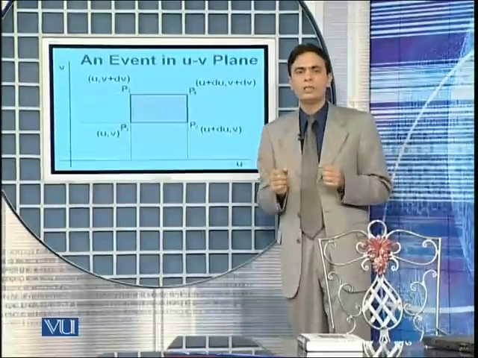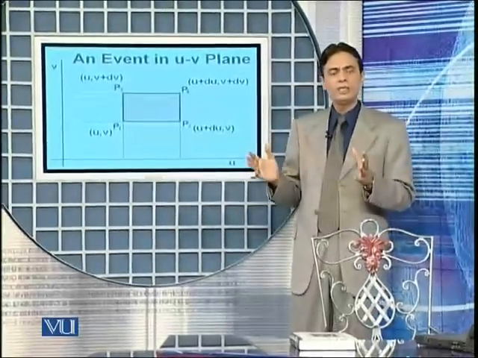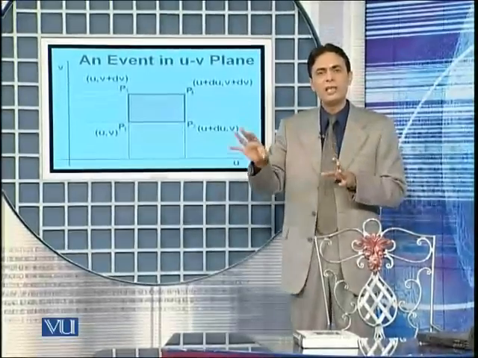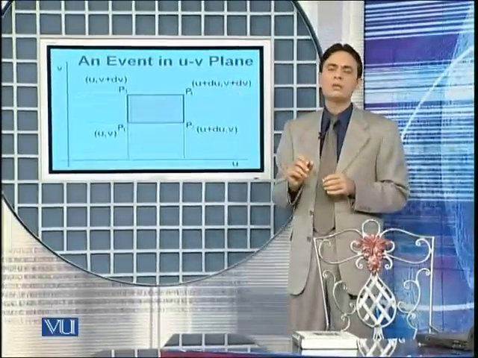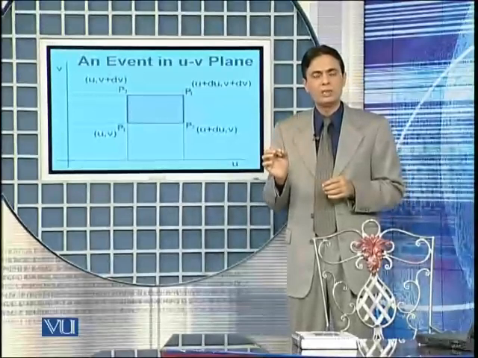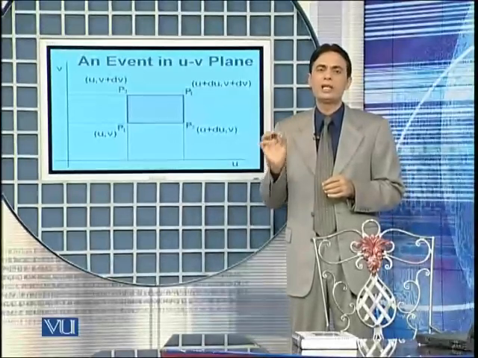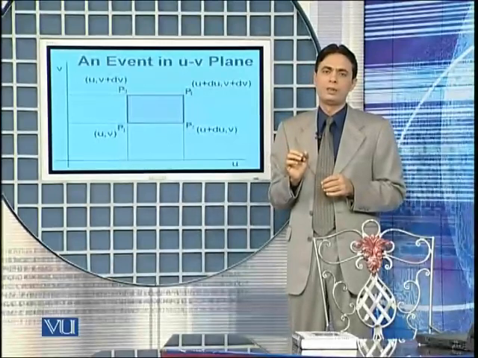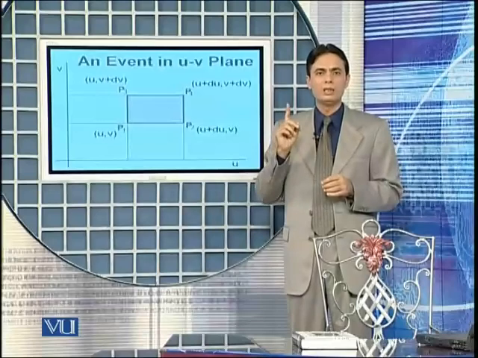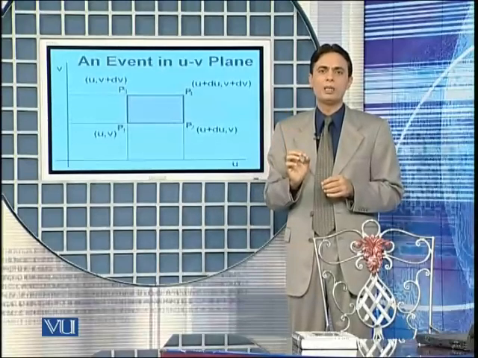Now the question is, which is the region of the xy plane which gets mapped to this rectangular region under the influence of the two transforming functions g and h? We are assuming one-to-one mapping between the xy plane and the uv plane.